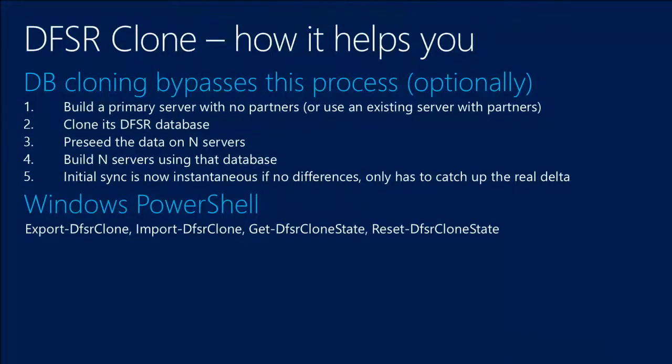We have a TechNet article out there, and I've got links at the end of this, don't worry, that gives you how to set up, how to do preceding with robocopy, NT backup, Windows Server backup, anything you can imagine, and how to validate it if you're using a third-party product, so you can make sure that it's done correctly so you get the value out of it. We even give you, and I'll show you in the demo, a hint.